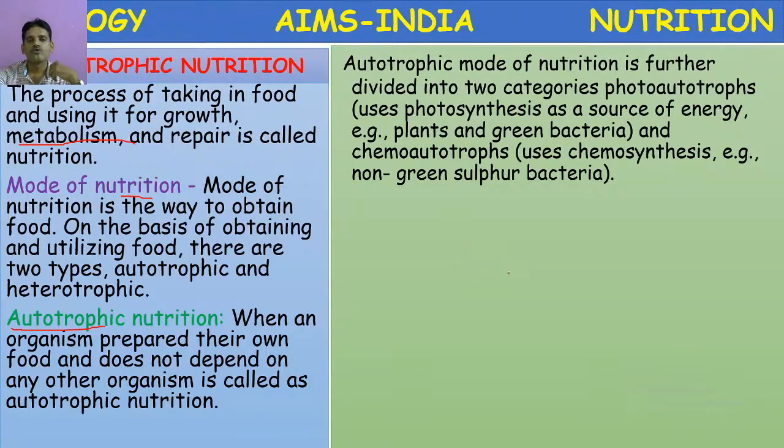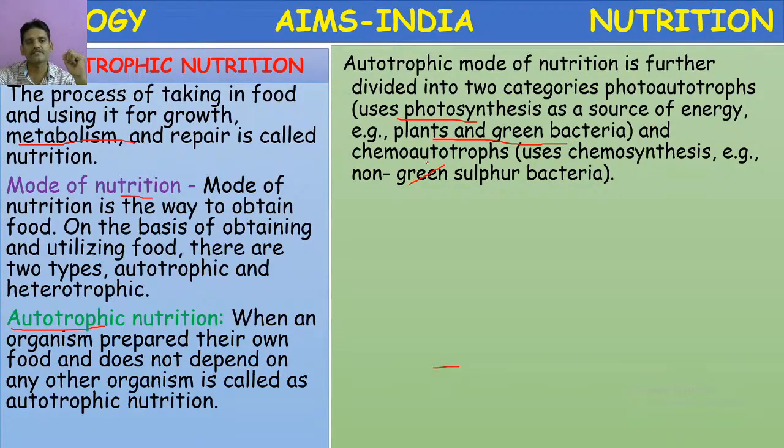One is photoautotrophs. Photoautotrophs are those which undergo nutrition by using sunlight, by undergoing photosynthesis. Examples are green plants, green algae, green bacteria and cyanobacteria.